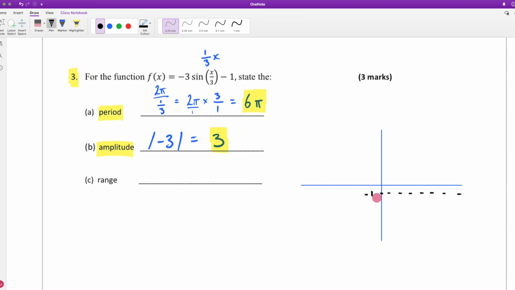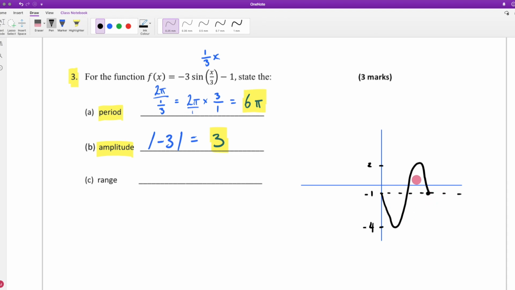I then have an amplitude of 3, so that means it's going to go up 3, so 1, 2, 3. It's going to go up to 2, and it's going to go down 3. 1, 2, 3. So negative 1 minus 3 is going to be negative 4. So it's going to look something like that.